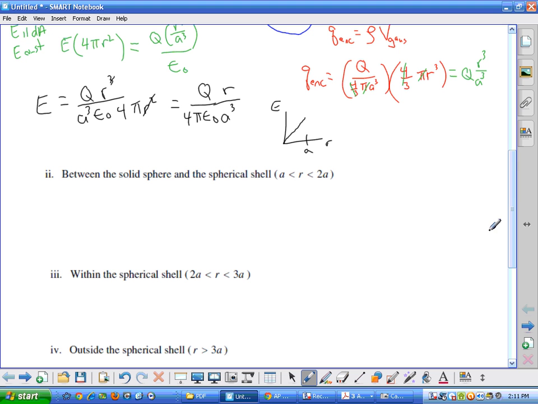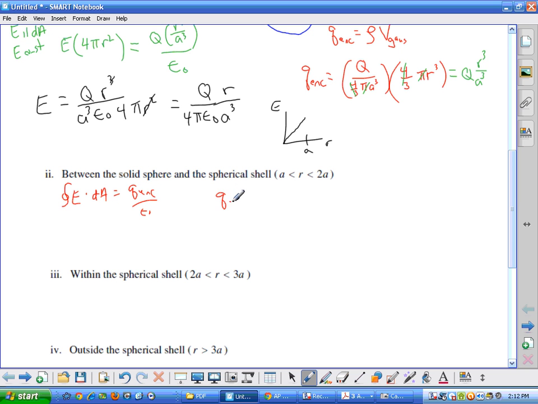So again, because they said derive these expressions, it is not okay to just write down the equation. You would need to actually write down the integral of E dot dA equals Q enclosed over epsilon 0.